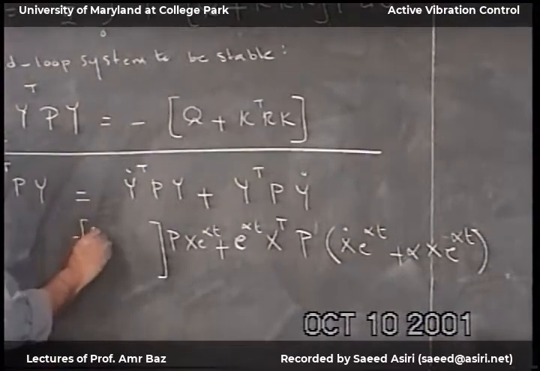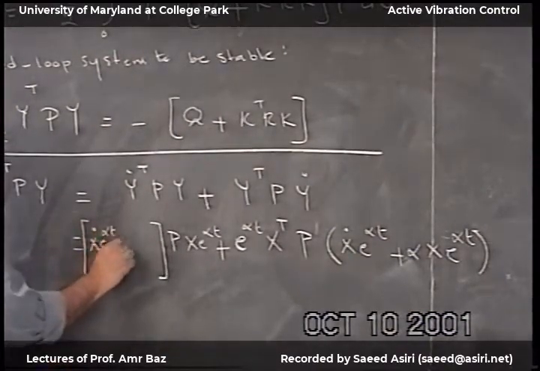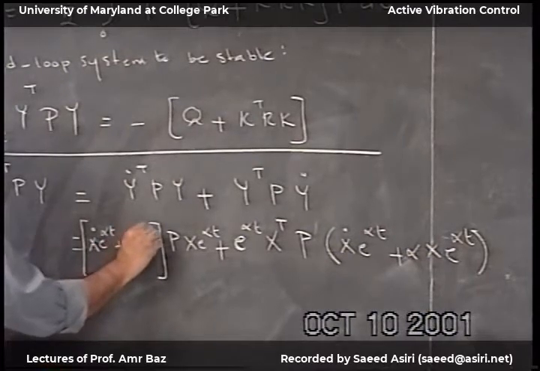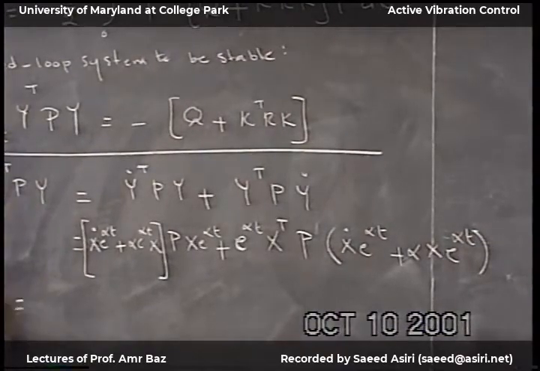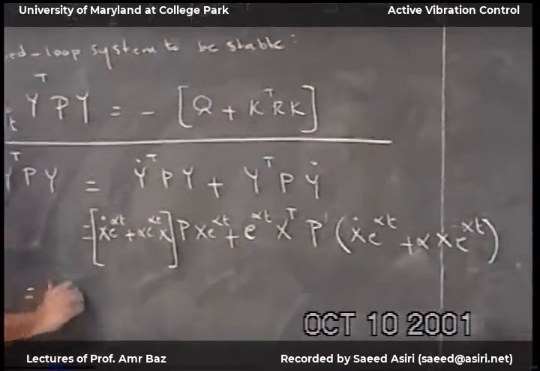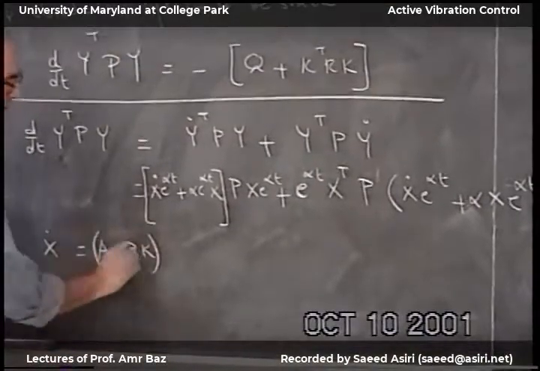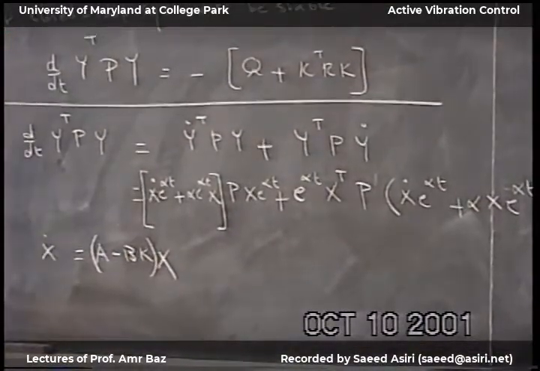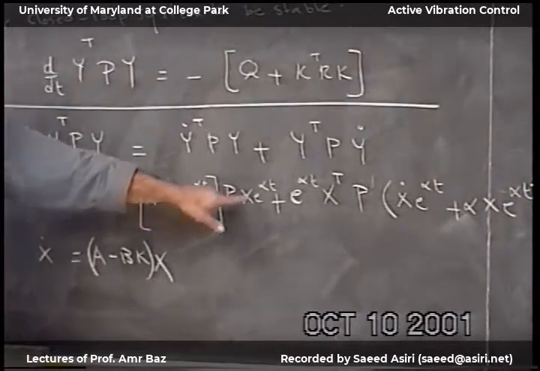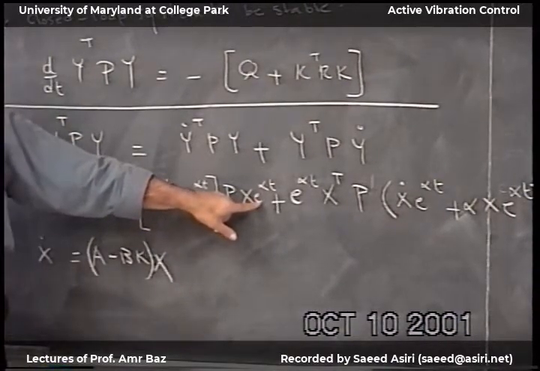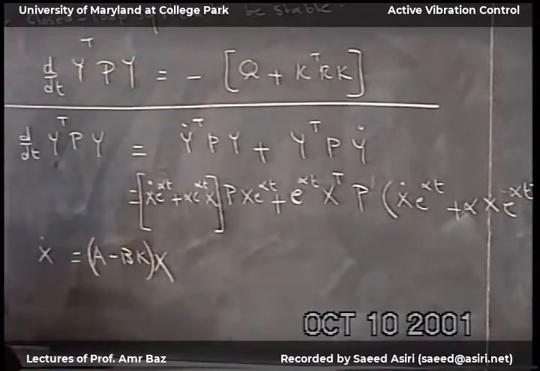X dot e to the alpha t plus alpha e to the alpha t and x. Now I'll replace x dot from the equation of motion. And then now you'll see here I can factor out e to the alpha t. So I have e twice alpha t.